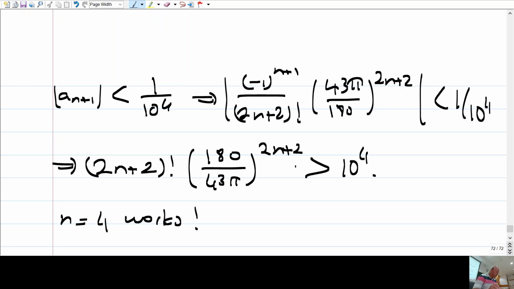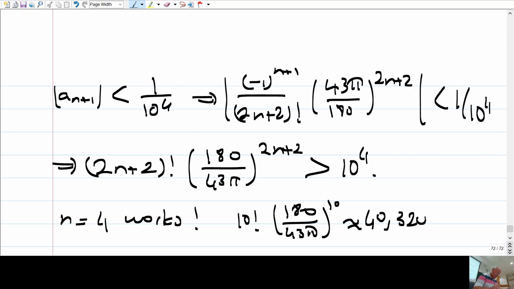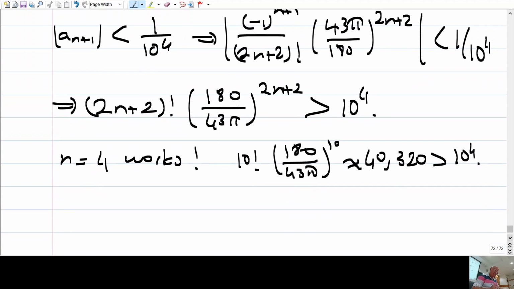So it is 10 factorial times 180 over 43 pi to the power 10. This is 40,300, and this is larger than 10,000. So it means you need to choose n equal to 4.